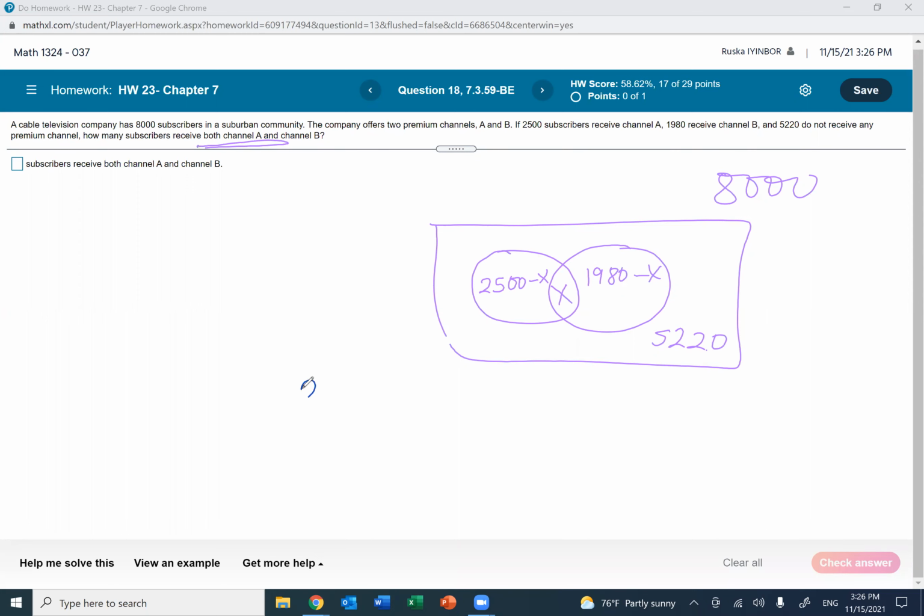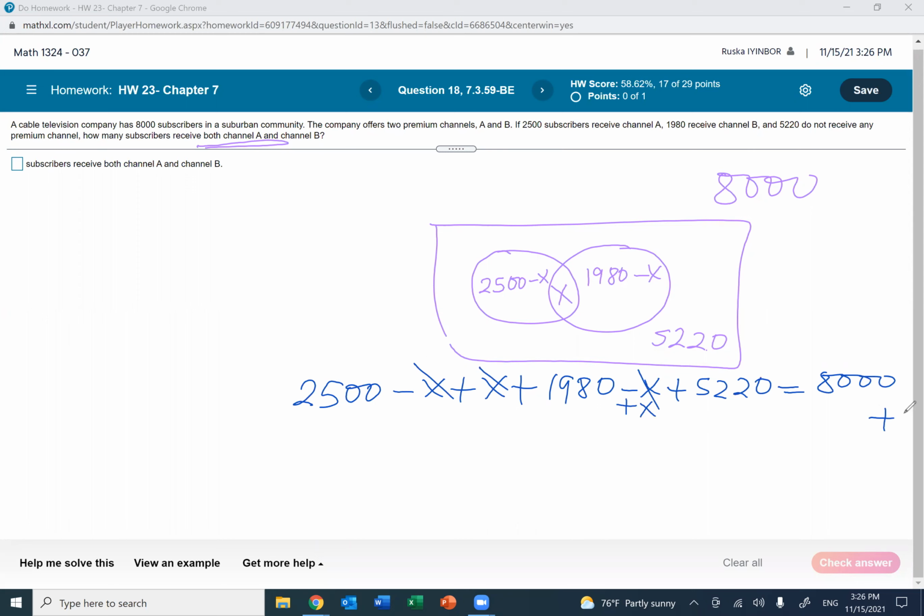So you're going to solve: 2,500 minus X plus 1,980 minus X plus 5,020 equals 8,000. And then you're going to cancel those two. You're going to add X to move it over, and you also subtract 8,000.